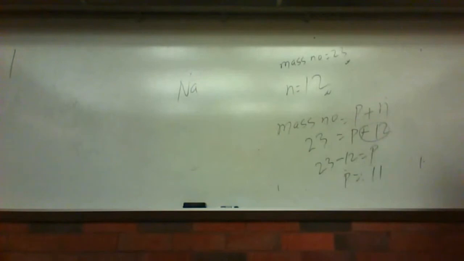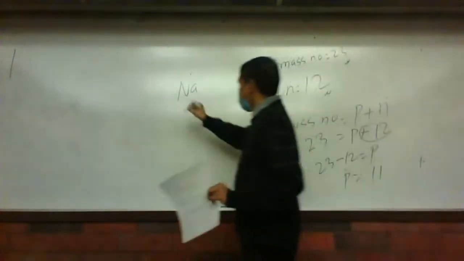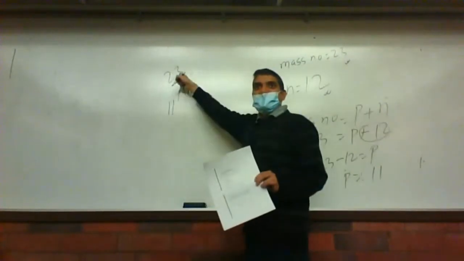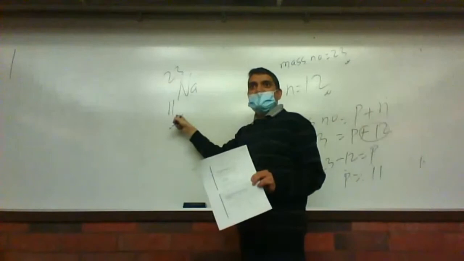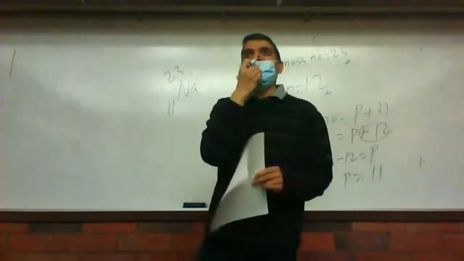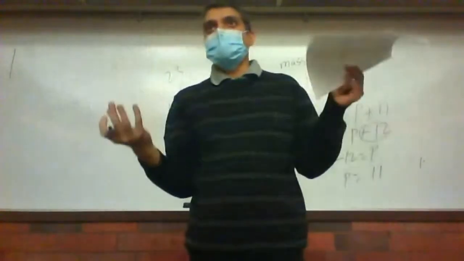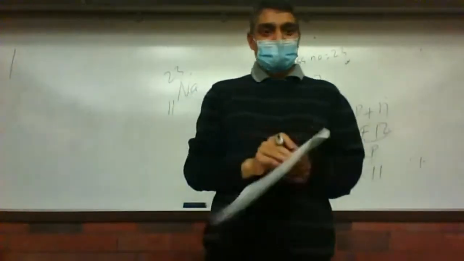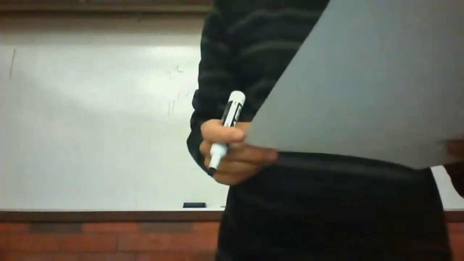Proton 11, where is it? The number 11 box is sodium. So this is 11, and this is 12. This is the mass number, proton plus neutron. The proton is the identity of the material, whether it is carbon, sodium, or potassium. Easy. Just subtract it.